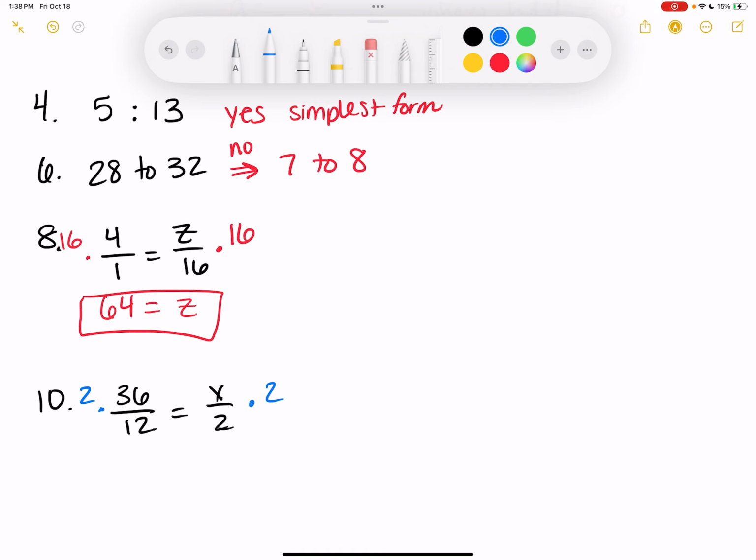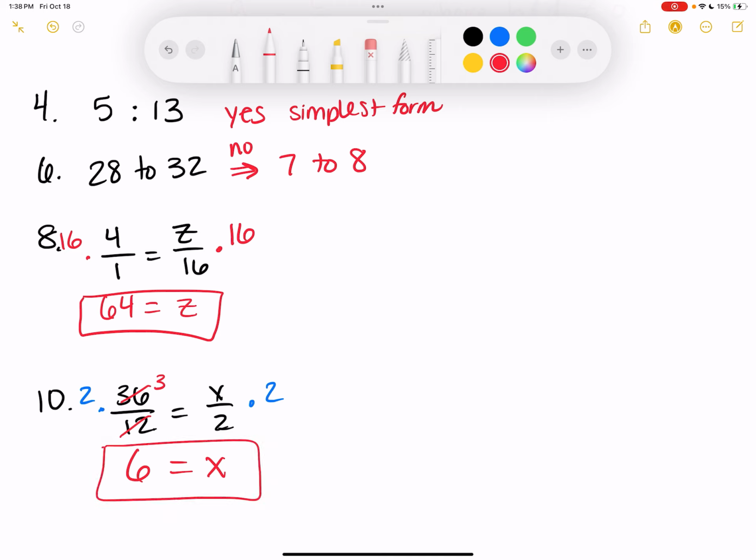So there's a couple different ways I can reduce this. How many times does 12 go into 36? 3. So I can actually just do this. That's gone. And now I can just do 2 times 3. You could have reduced the 2 and the 12, however you wanted to do it. So I'm going to get 6 equals x.